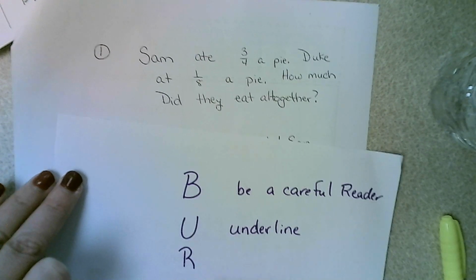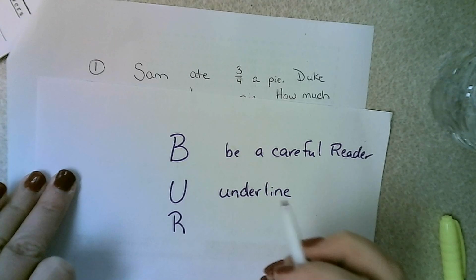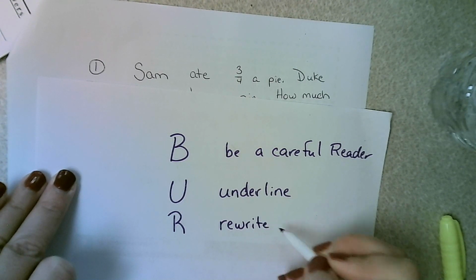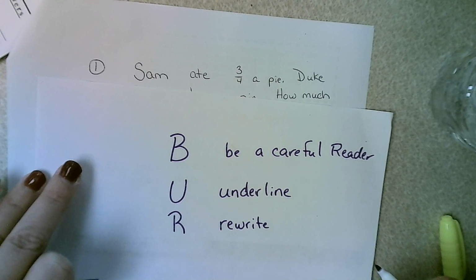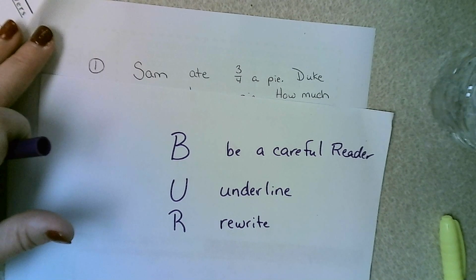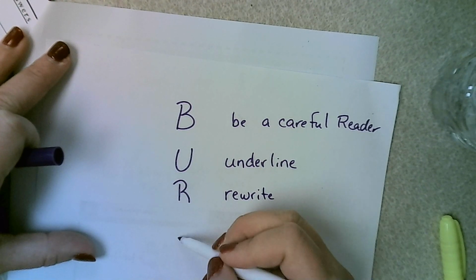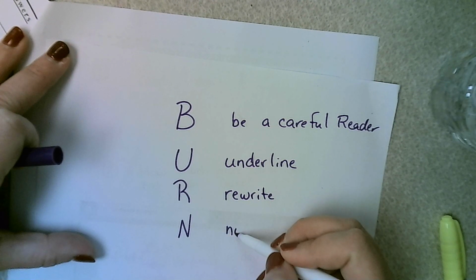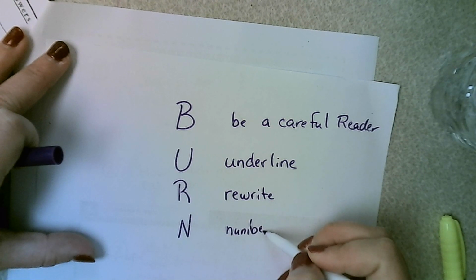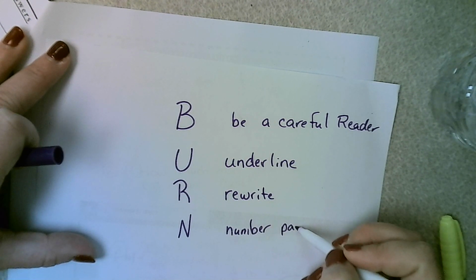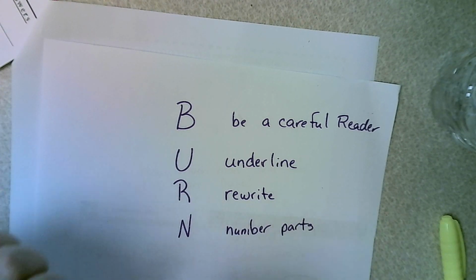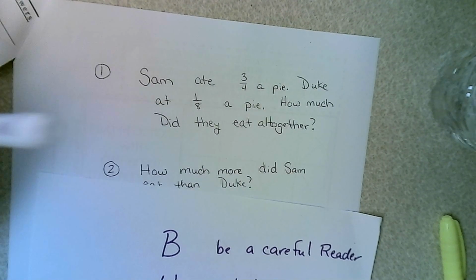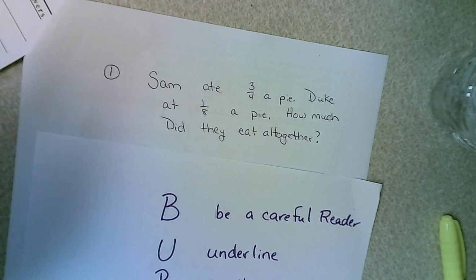I told everyone to rewrite it mathematically. Some people might even say make an equation. That is what high schoolers would say. And then N is number the parts, so this is only if it is asking more than one question. Today's probably will only be asking one question, but let's start with being a careful reader.